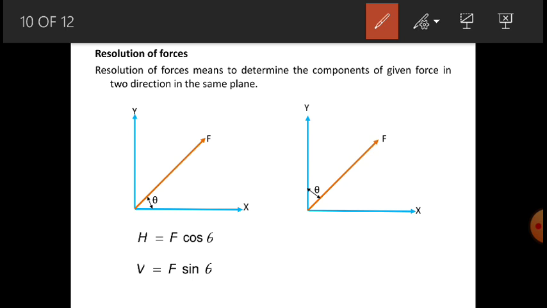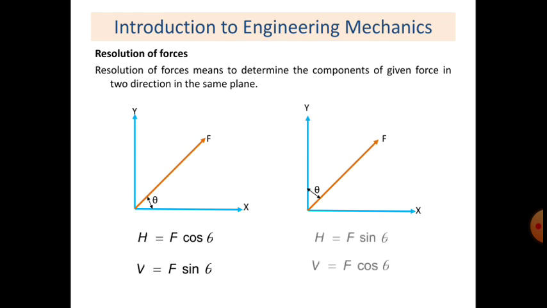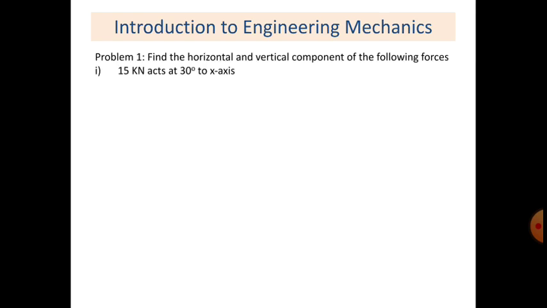Whichever direction the theta is in, that component gets cos theta. This you are going to remember. This is the difference in the formula. So let's try to solve some problems over this.